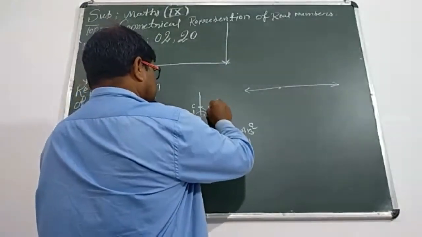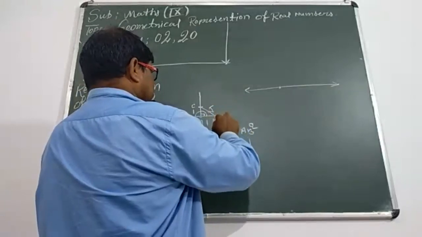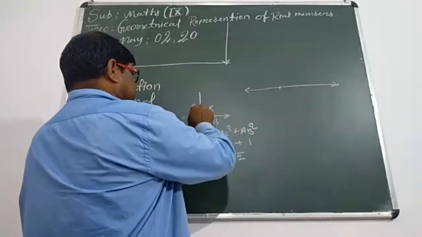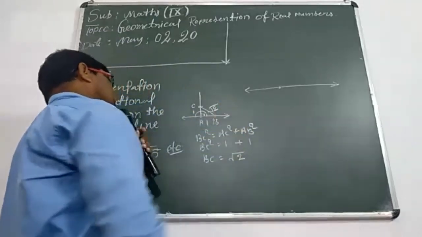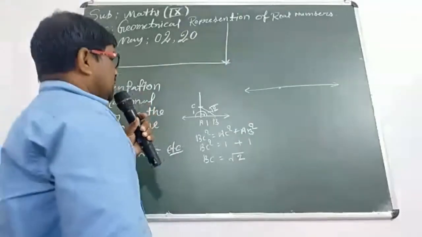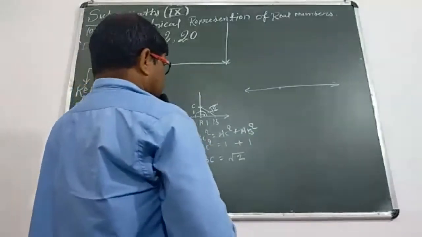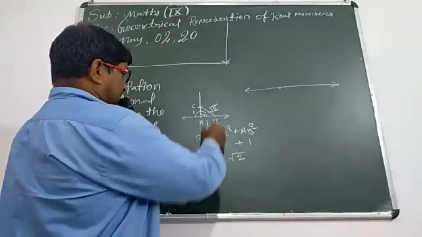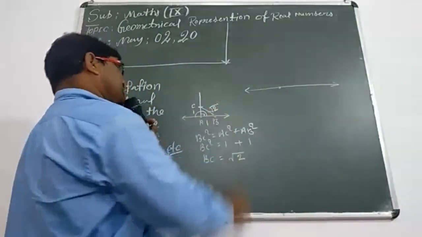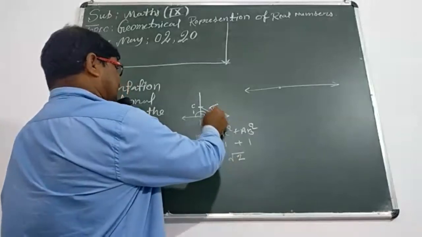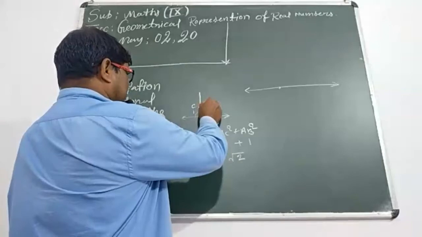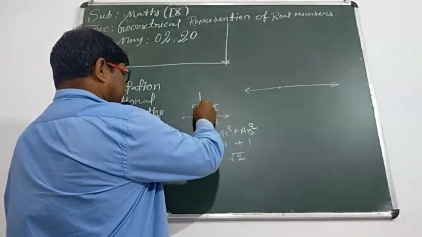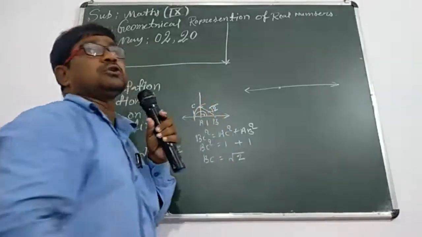So this side BC is under root 2 unit now. Now student, suppose that you are selecting the center B and taking radius BC, drawing a circular arc from here. You can draw or not?